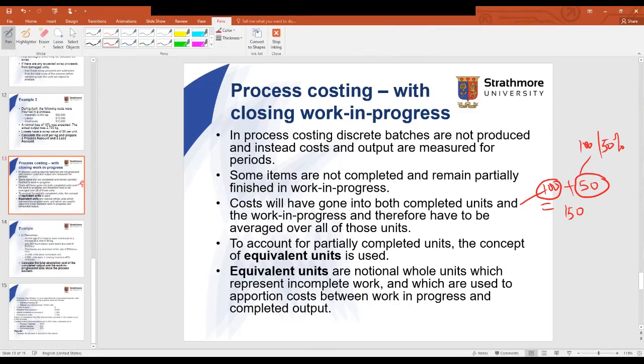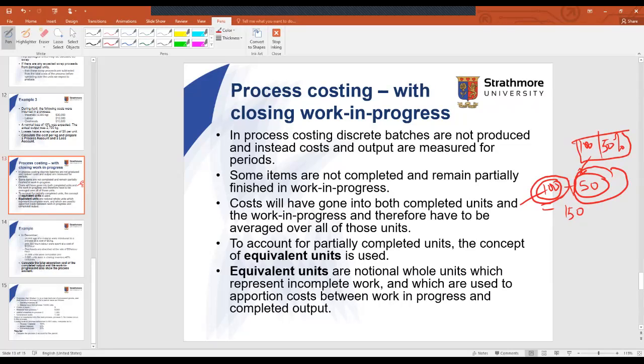So we simply convert them from being incomplete to what we call equivalent units. That will be 100 times the extent of completion, which in this case is 50%. Therefore, we convert them from being work in progress to equivalent units. It's 100 times 50%, therefore 50. There are 50 equivalent units plus 100, therefore an output of 150 units.